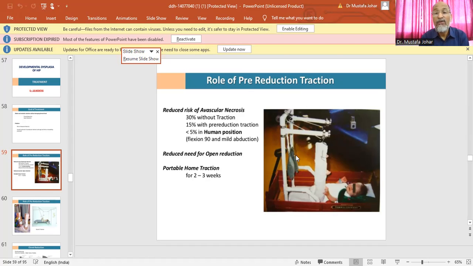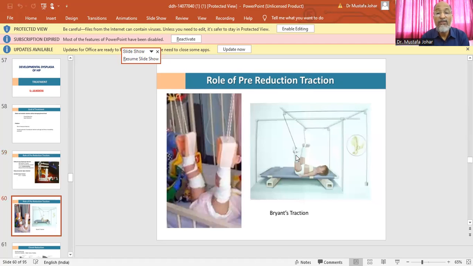The child is given the Bryant traction with skin straps below the knee, and the hips are in abduction and 90 degrees of flexion, and a weight is given over the head.